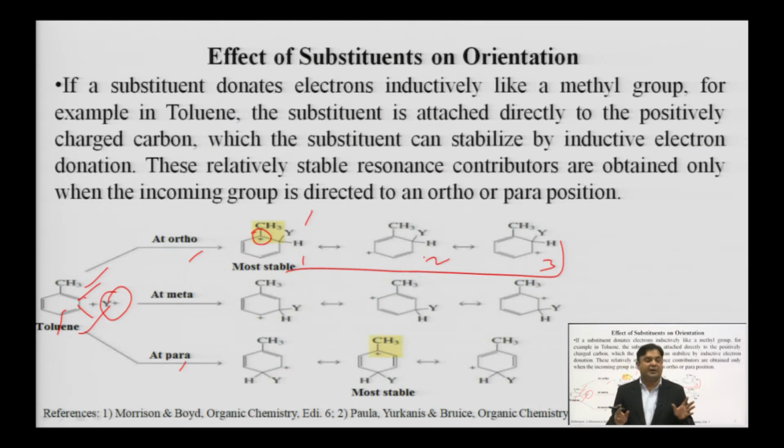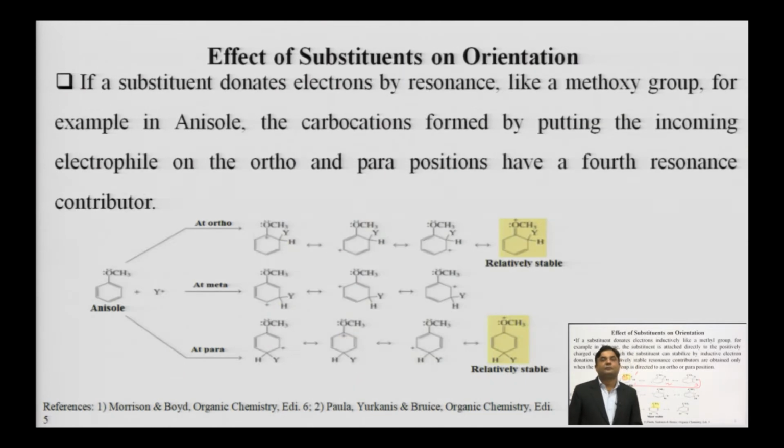There is a written statement: if a substituent donates electrons inductively, like a methyl group, for example in toluene, the substituent is attached directly to the positively charged carbon, which it can stabilize by inductive electron donation. These relatively stable resonance contributors are obtained only when the incoming group is directed to the ortho and para positions. Hope you have understood.